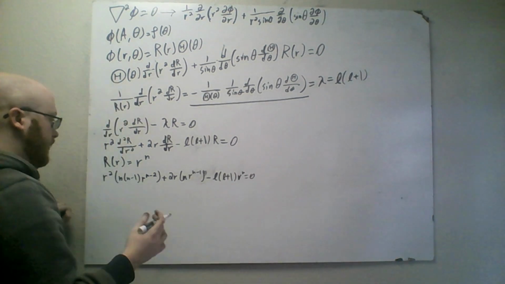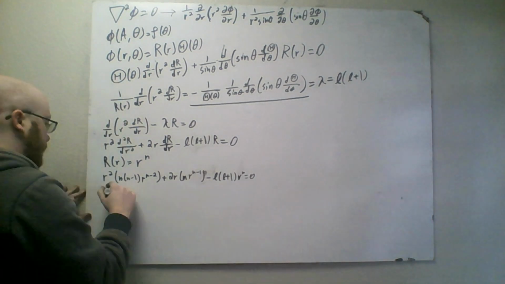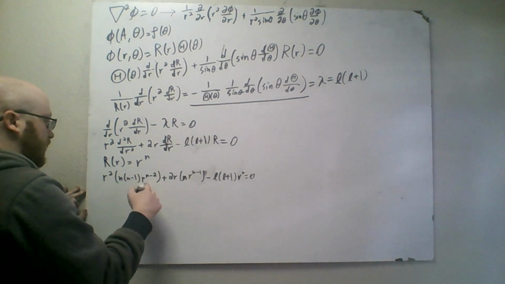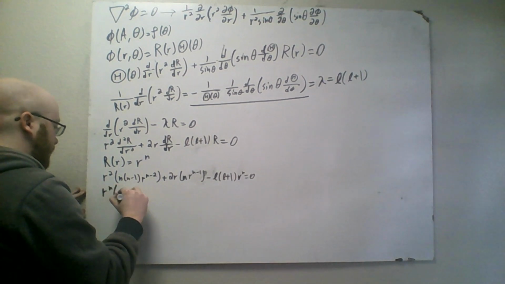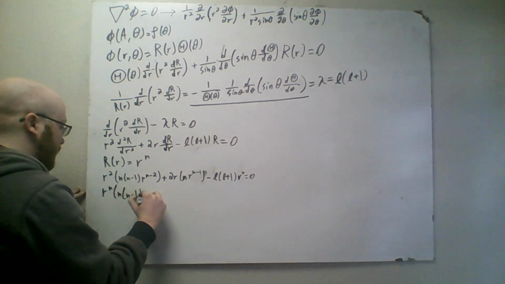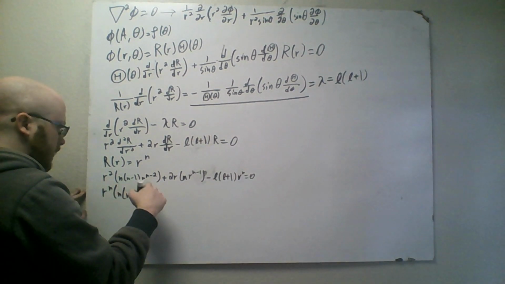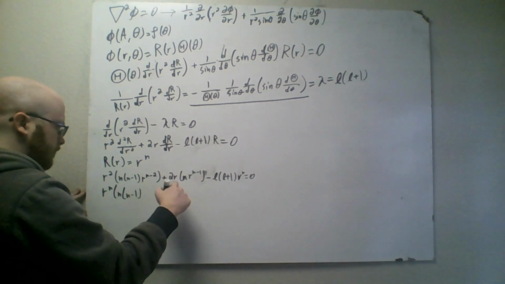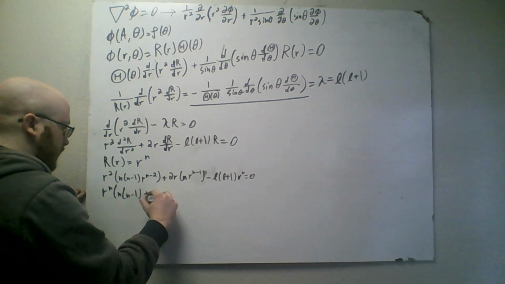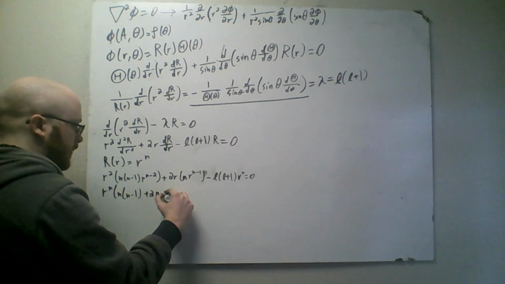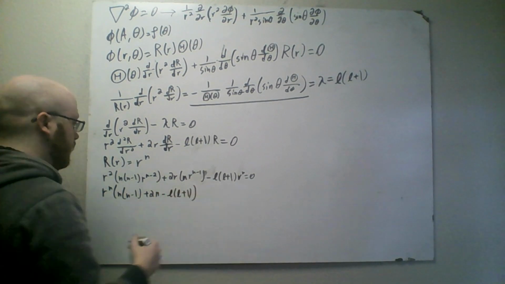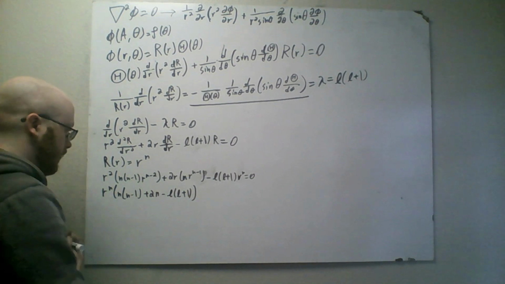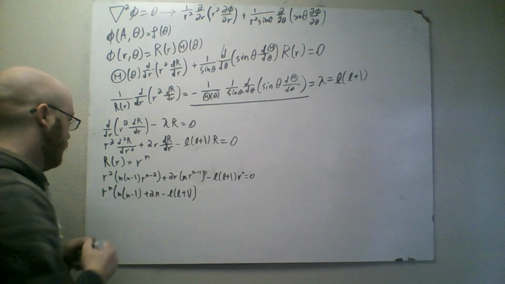Once you get all this worked out, each term gets r to the n. So r to the n times n times n minus 1, plus 2n, minus L times L plus 1, equals 0.